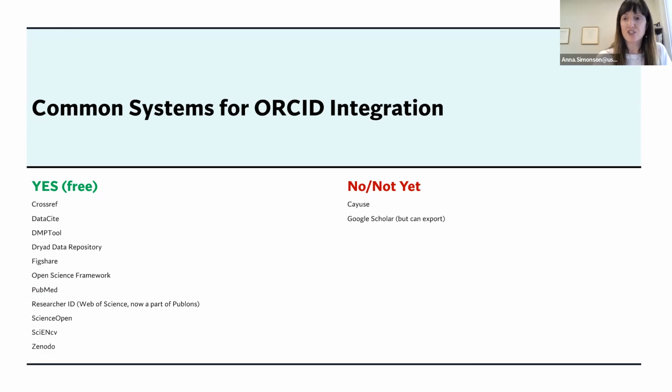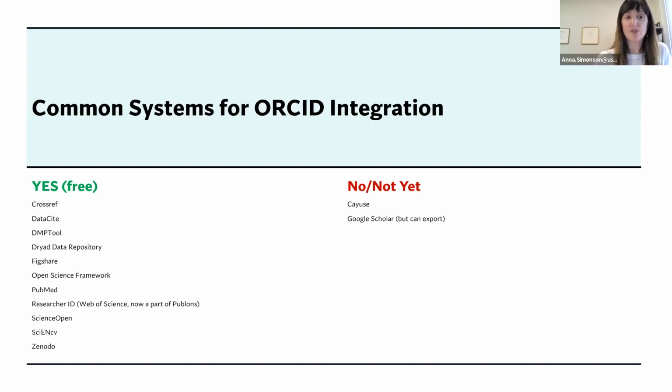In the yes section, these are the free things. ORCID survives because institutions become members. Currently, USD is not a member, but that might not always be the case. You have a yearly membership fee that you pay, and that's how ORCID is funded. So some things are only available if your institution has a membership. But these are the free ones, right?